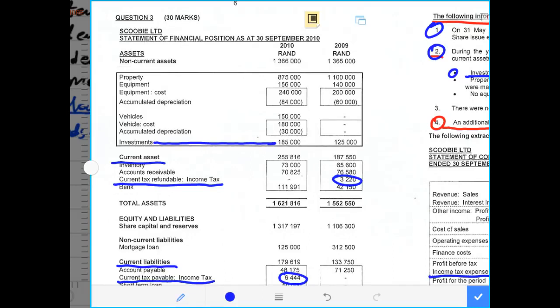That means investment does not depreciate like any other normal asset. However, investment can also be written down, or there can be an impairment of investment.